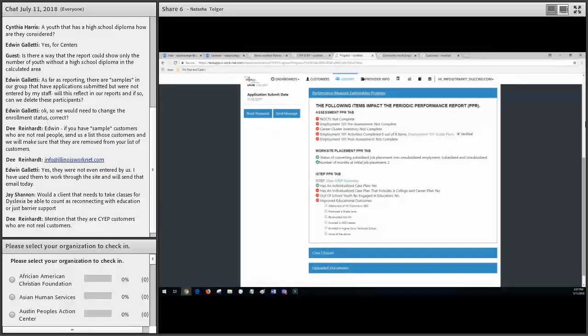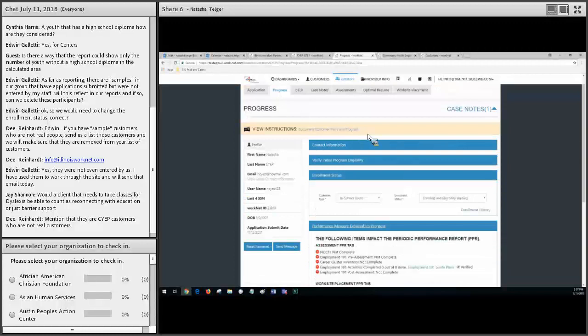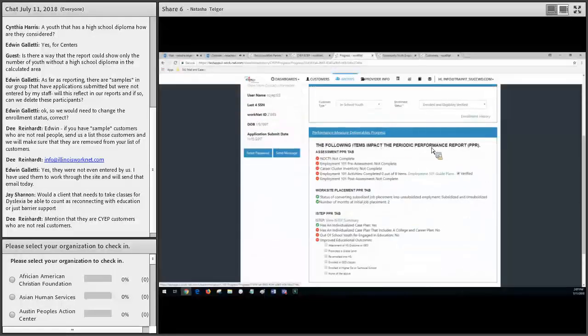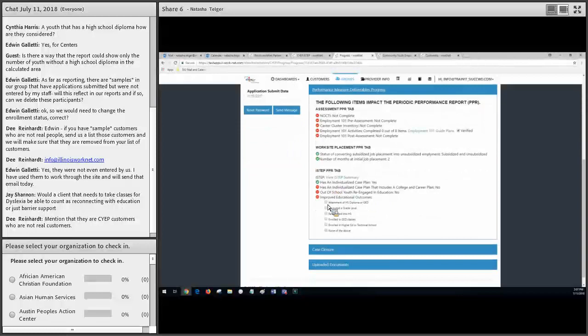And so one of the areas that we updated is on the progress page, in the performance measure deliverables section. You can see it has the following items impact the performance report, and it tells you which tabs each of them impact. And this one is improved educational outcomes. So you can select these, whatever applies.